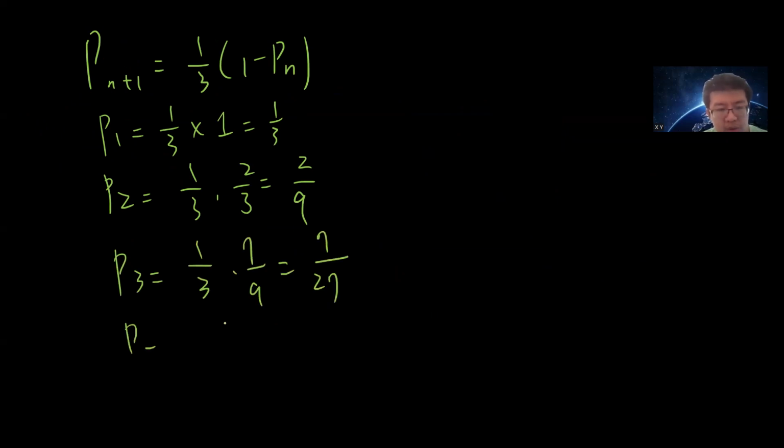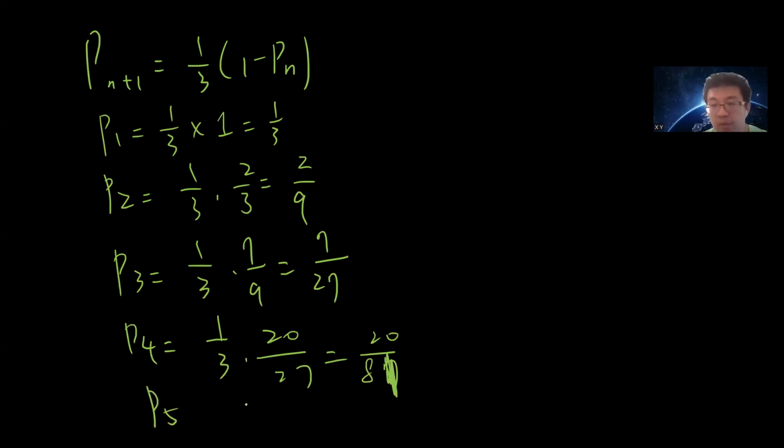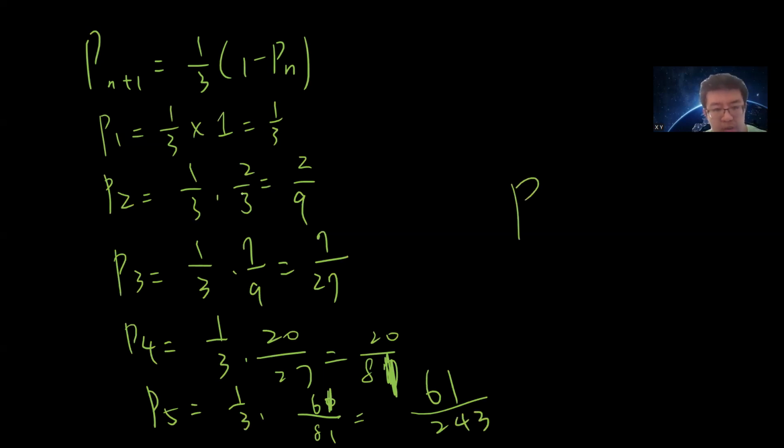P4 is just... very stupid, just keep iterating, and don't worry. I will give you the general solution once I finish this stupid calculation. So I think it's 61 divided by 243.